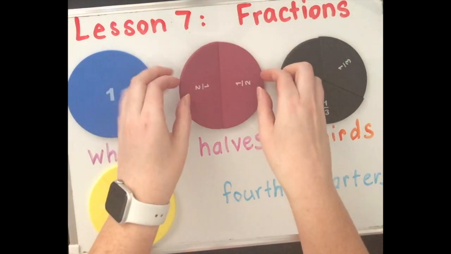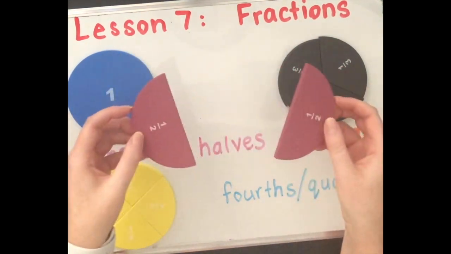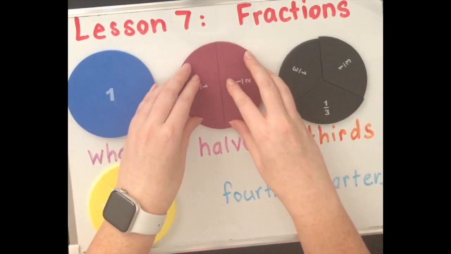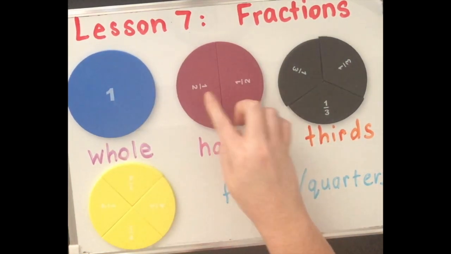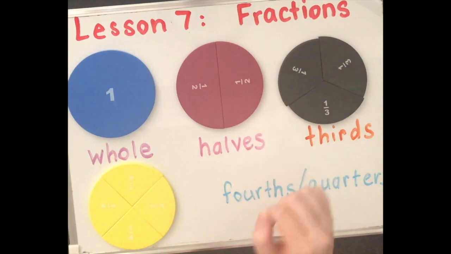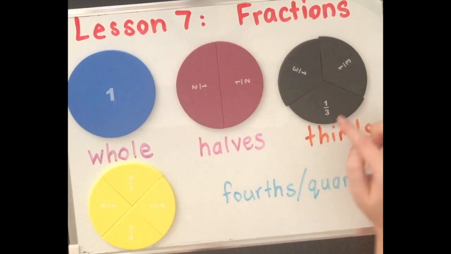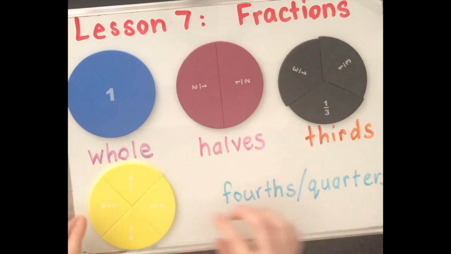If the parts are not equal, then the fraction is not correct. Half will always be completely equal. Each third will always be equal. And each fourth will always be exactly the same. You can take these fractions from your math pack and play around with them and see how much fun you can have with fractions.